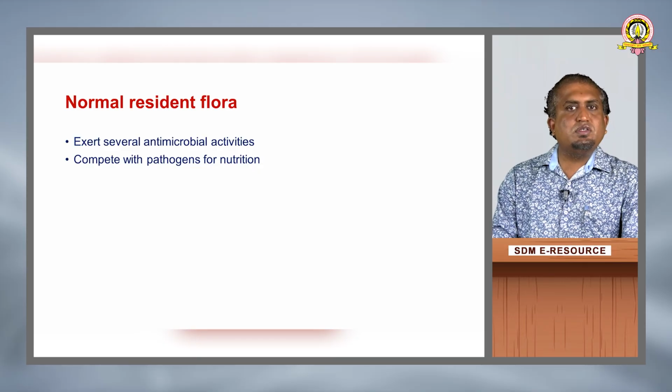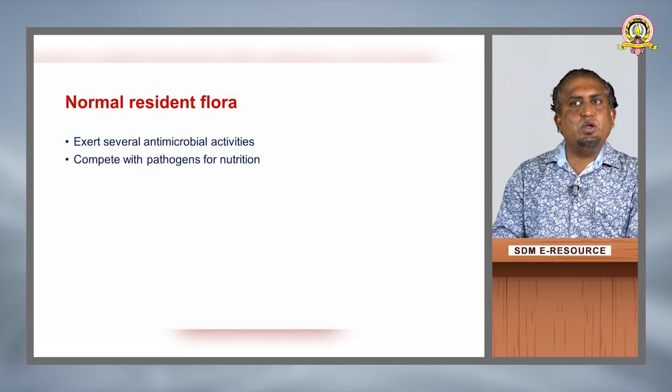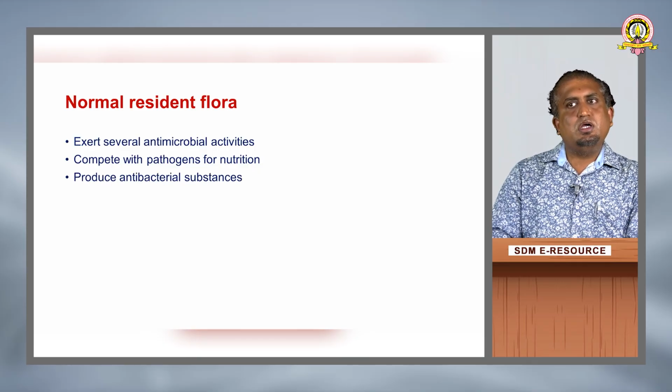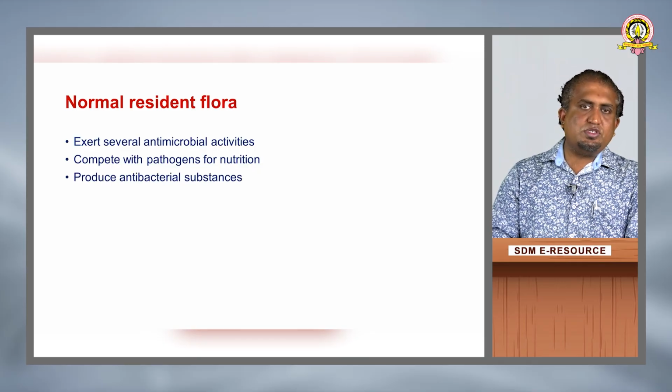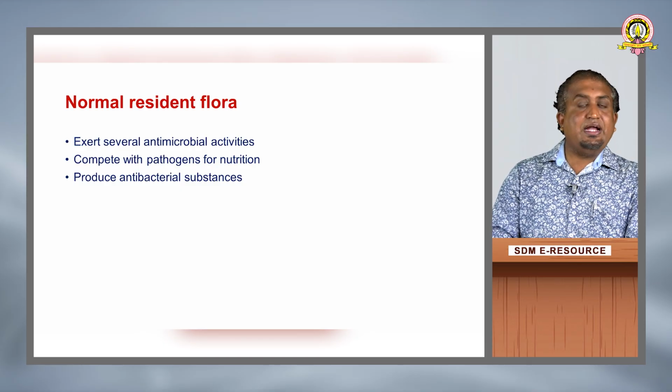Also, these normal resident flora produce antibacterial substances, so that the pathogenic bacteria cannot enter easily inside the body.